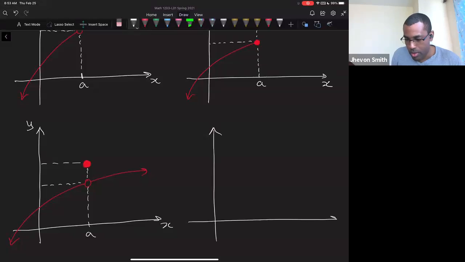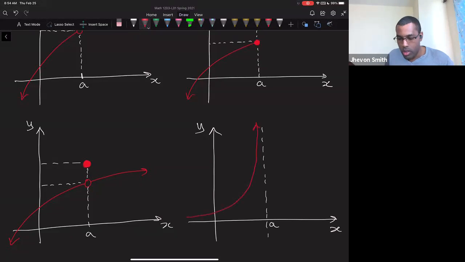Another one. So I have a function doing this. And I have another one here, and here.